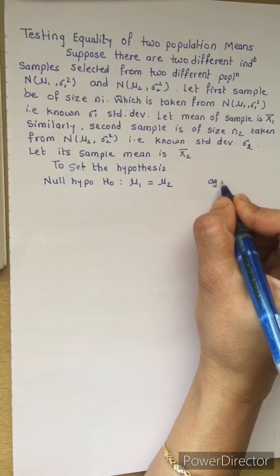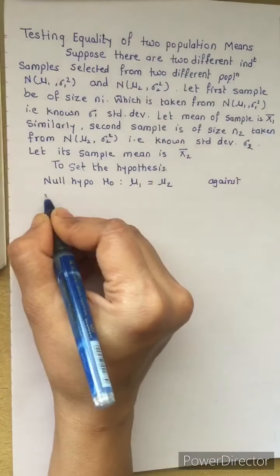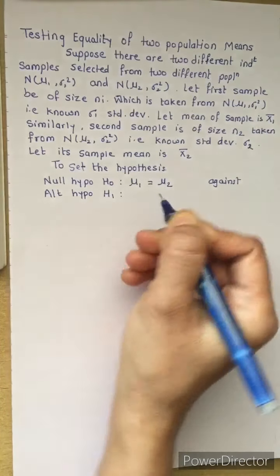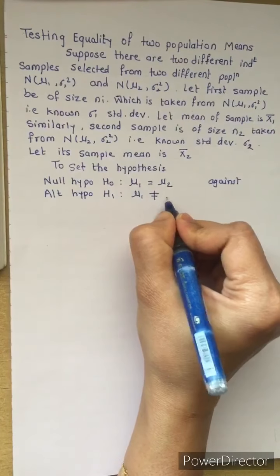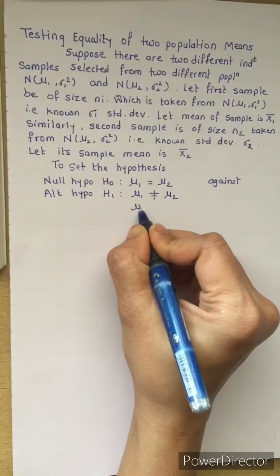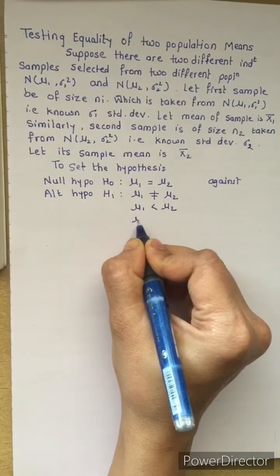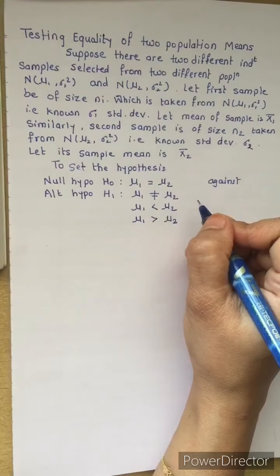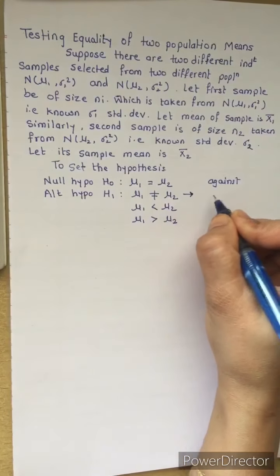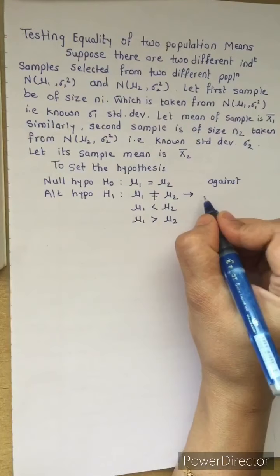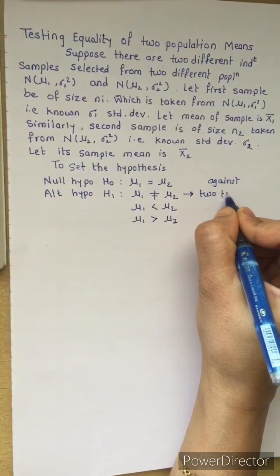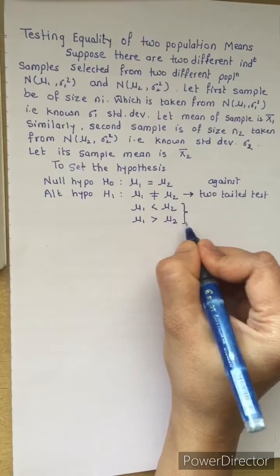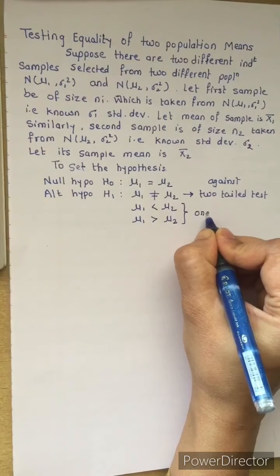Against the alternative hypothesis, there may be three cases: mu1 may not equal mu2, mu1 less than mu2, or mu1 greater than mu2. As I explained in the previous video, when mu1 is not equal to mu2, we apply a two-tailed test, and for the other two conditions we apply a one-tailed test.